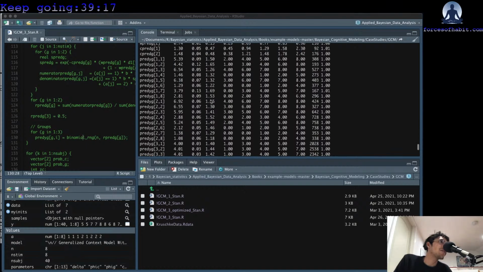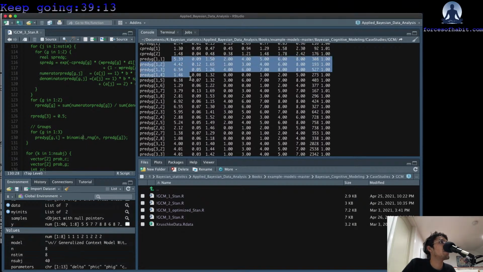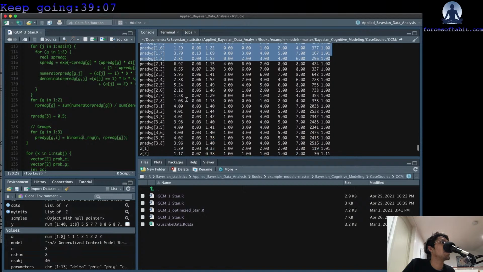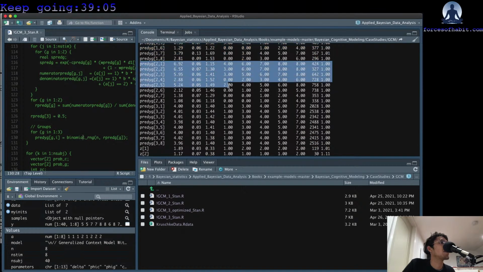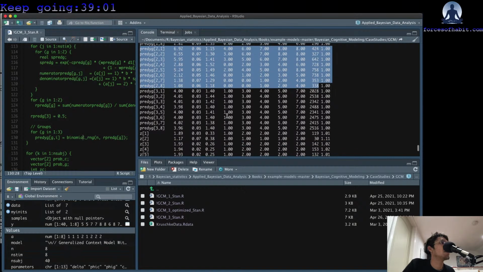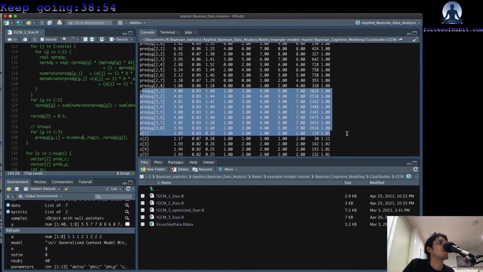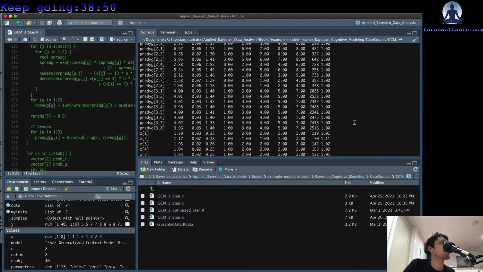So we'd assume there'd actually be one group that had higher values of A. So the first group's values of A, second group's values of A, and the third group, which has this in the middle because they're guessing. It's like a 50-50.